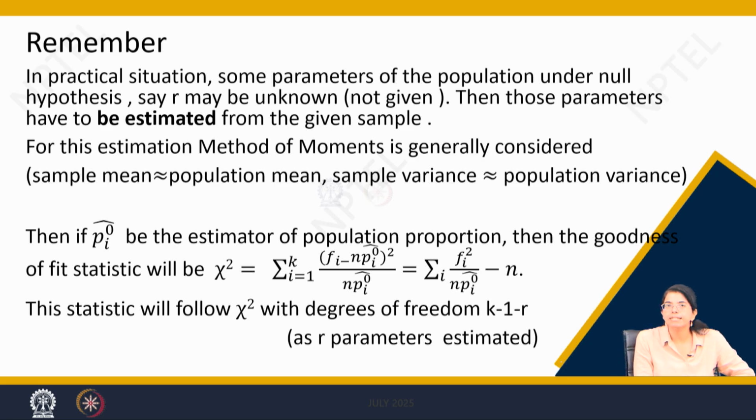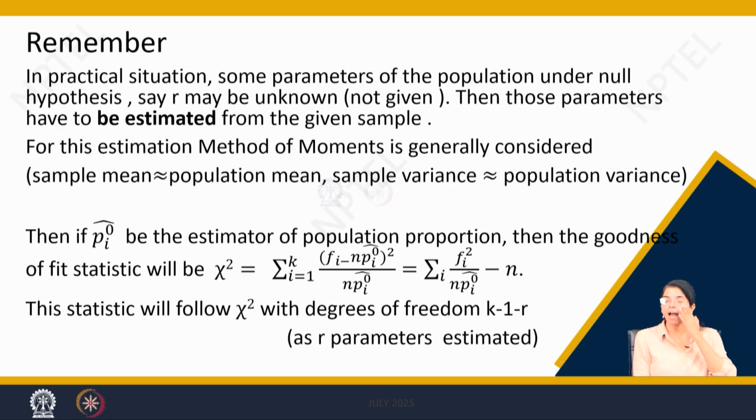Then if pi0 hat is the estimator of the population proportion, the goodness of fit test statistic will be chi-square equal to Fi minus npi0 hat, meaning you are replacing that npi0 figure by the hat, whole square, divided by npi0 hat, and after calculation it will turn into a very lucid expression: summation Fi square divided by npi0 hat, minus n.